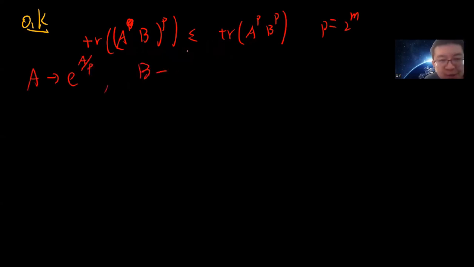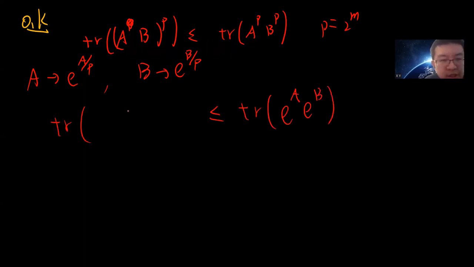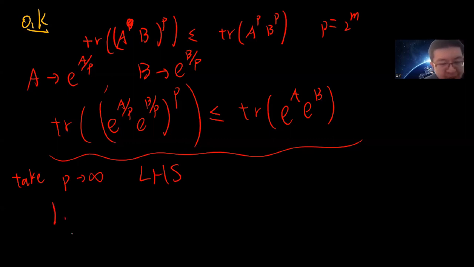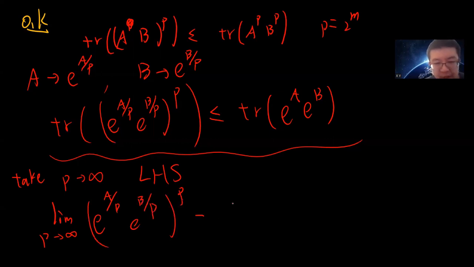Now the right hand side becomes the trace of e^A e^B, and the left hand side becomes the trace of (e^(A/P) e^(B/P)) to the power P. This is true for every P, so just take P to infinity. The limit as P goes to infinity of (e^(A/P) e^(B/P)) to the power P is just e^(A+B).